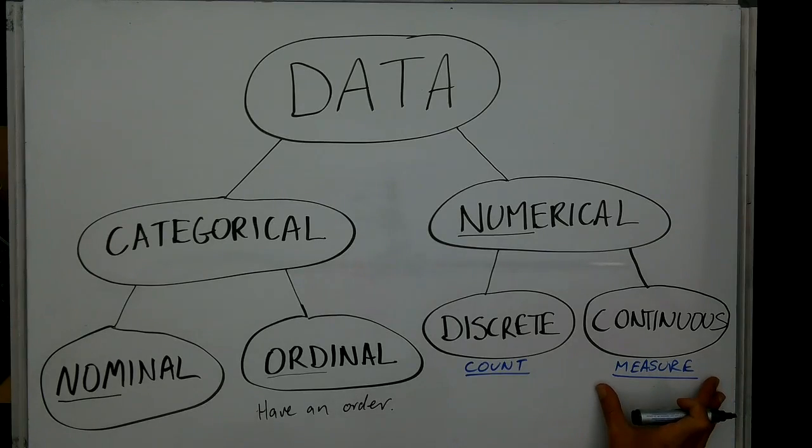Whereas continuous is stuff that we measure. So any length, if we measure in centimeters, the actual length could be 1.6 centimeters, and that is still a measure in centimeters.